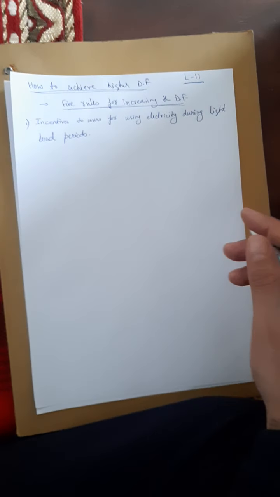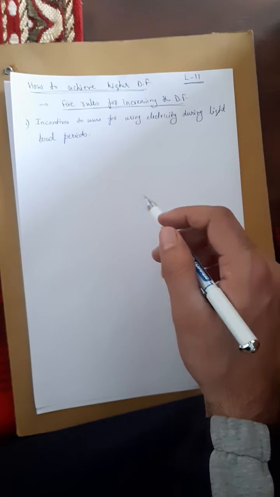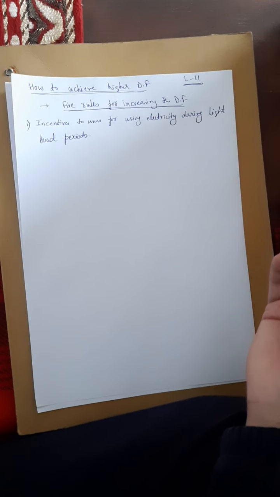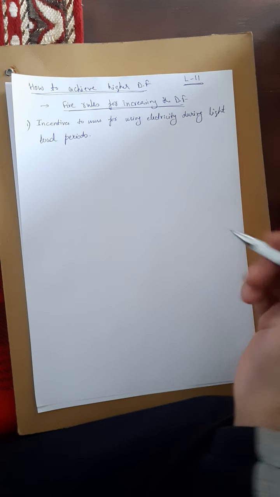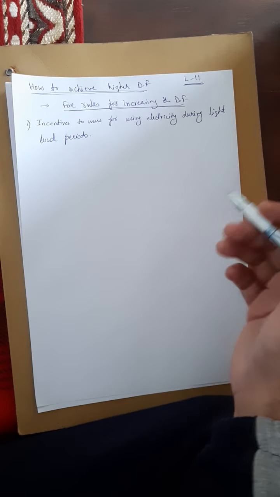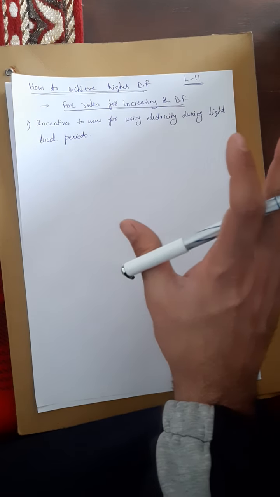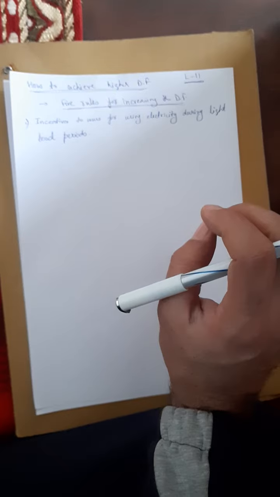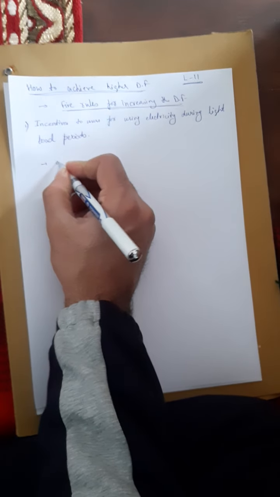Suppose that we have a few industries. We tell these industries to turn on their industry during the night time, because during the night time the load is small. We don't have a peak load, it is an off peak load period.